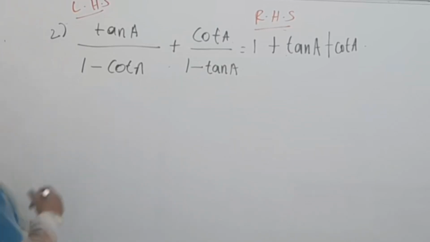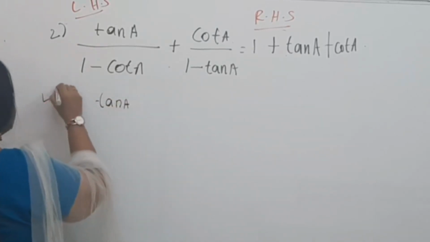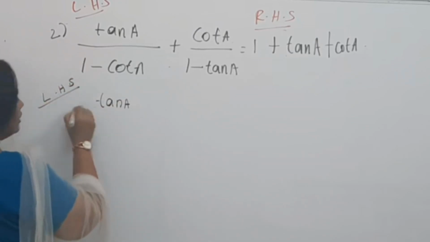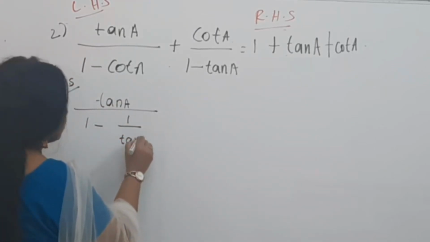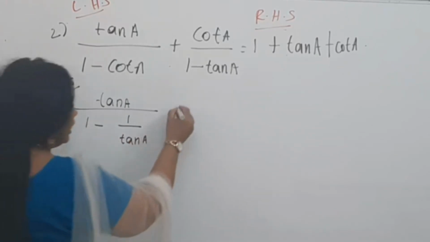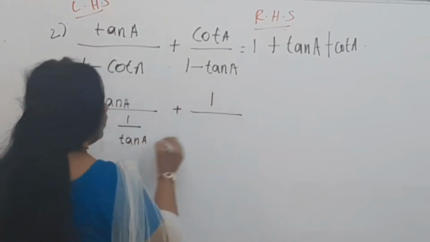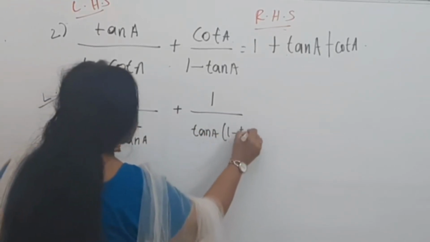Now I'm going to write this as tan A by 1 minus cot A, where cot A is 1 by tan A, plus again cot A by 1 minus tan A. Why?